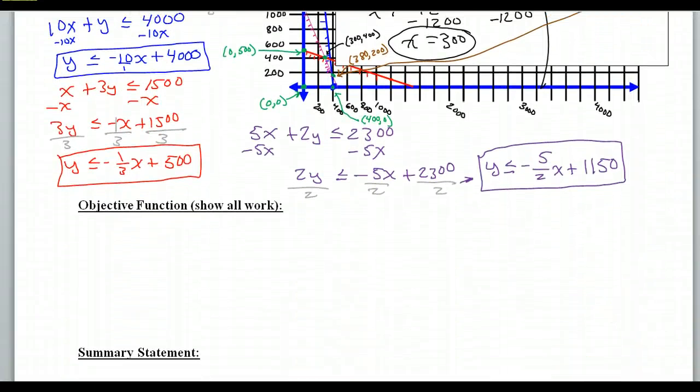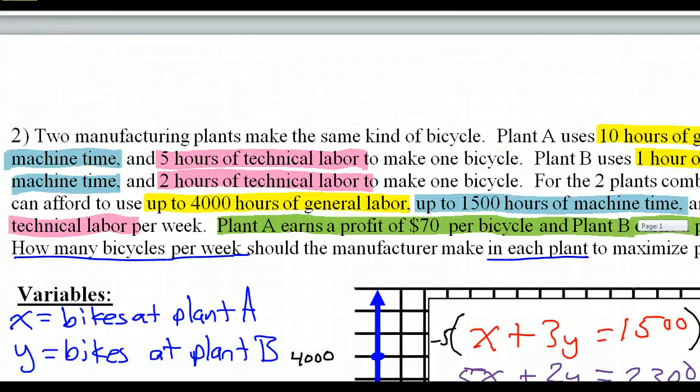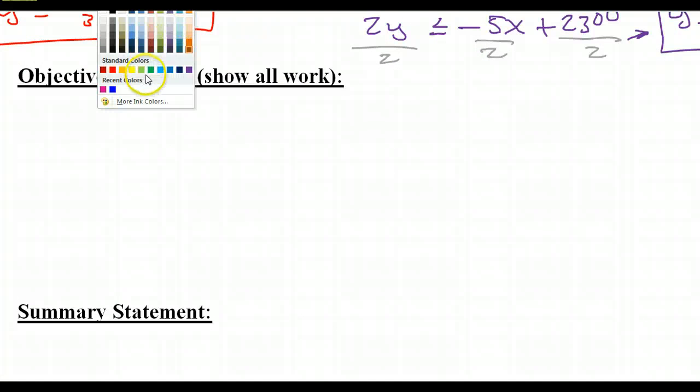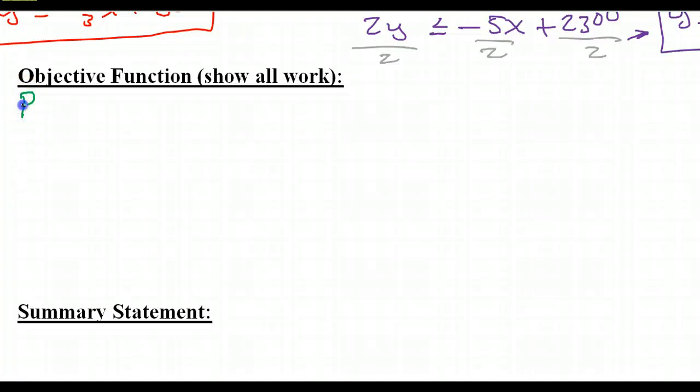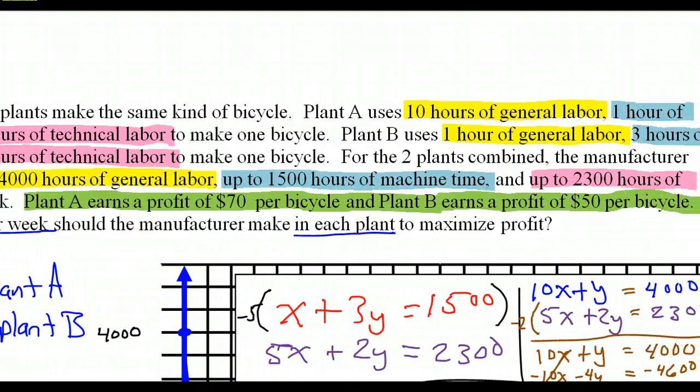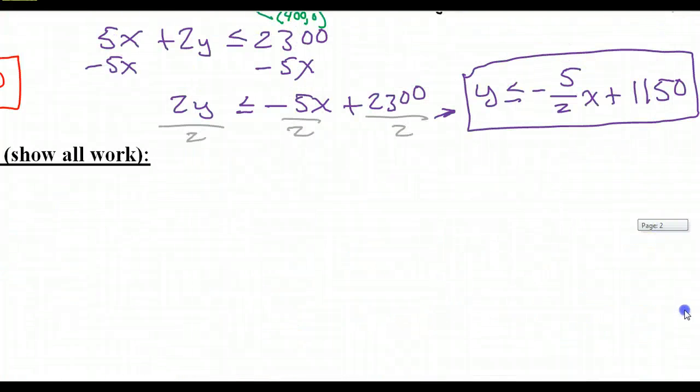Okay, so what you do is, for the objective function, label it. This is a profit function, so we will call it P. Looking one more time at the sentence, it was $70 at Plant A and $50 at Plant B, so that's 70x plus 50y.